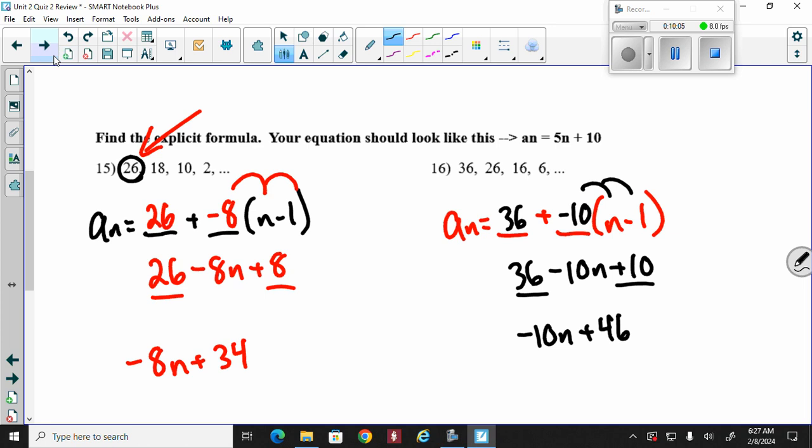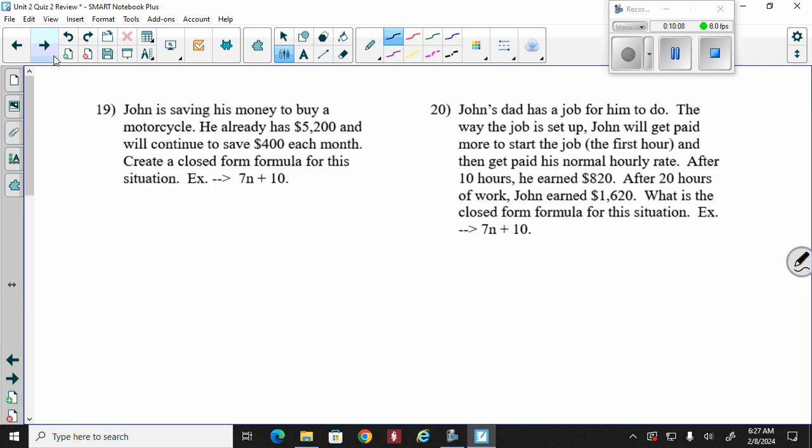There we go. All right, so now we get into some word problems, and we have to make sure that we understand what exactly we're doing and what's being said. So it says he already has 5,200, so that's my first term. So my first term, a of 1, is 5,200, and then he'll continue to save 400 each month, so that's my common difference.